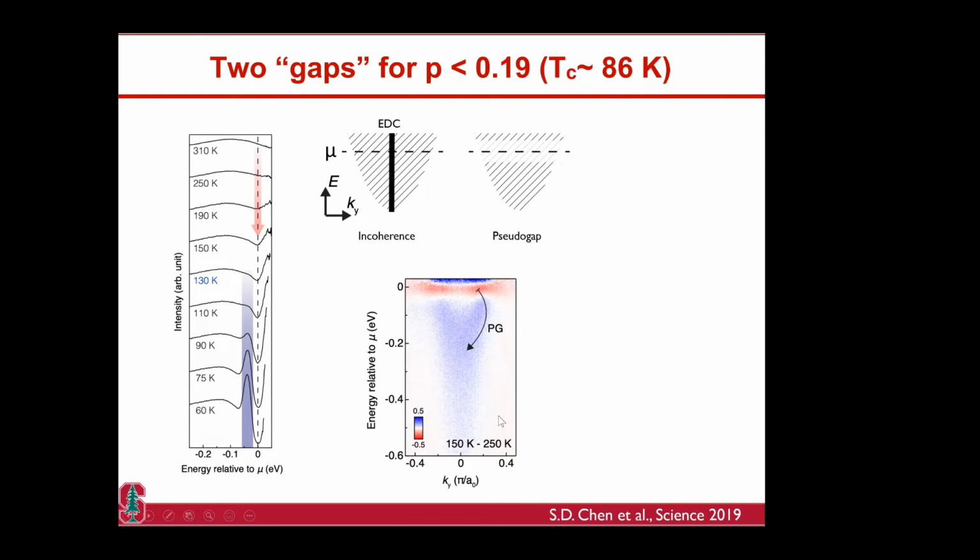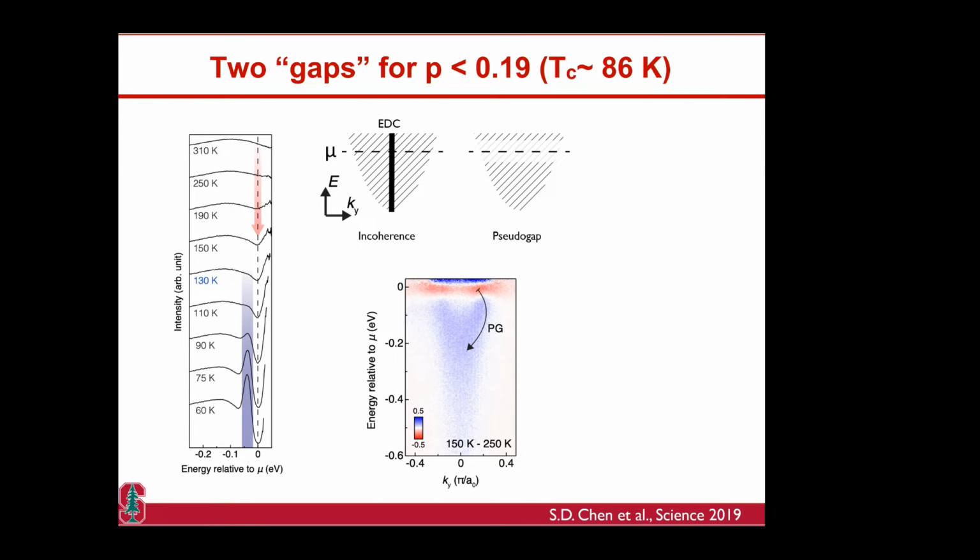This is a cut perpendicular to the Fermi surface across the antinodal point. Each of those is just a spectrum, and this is one of the spectra, taken at two different temperatures.